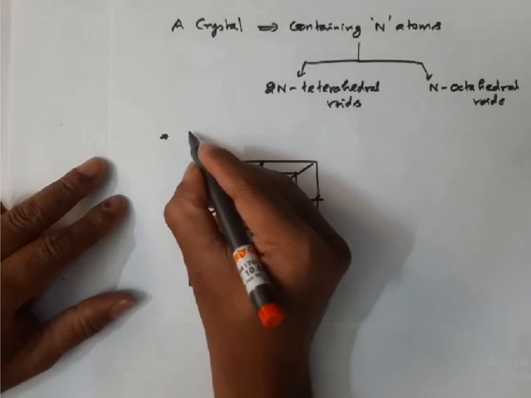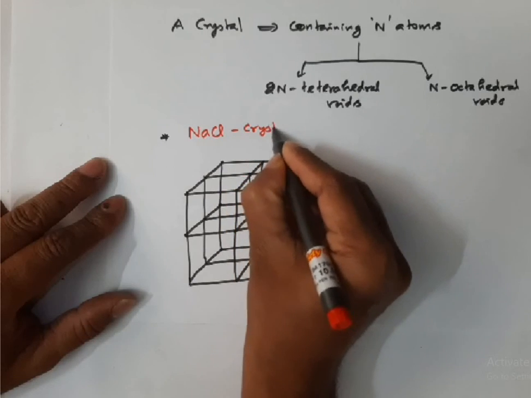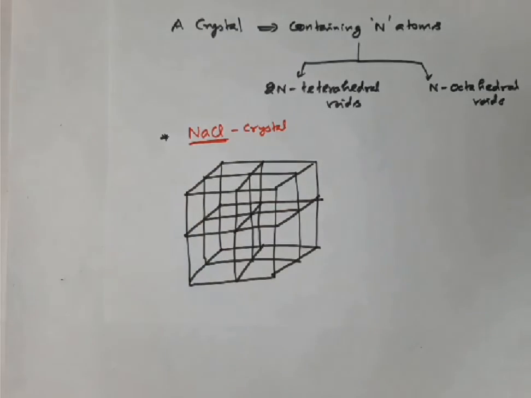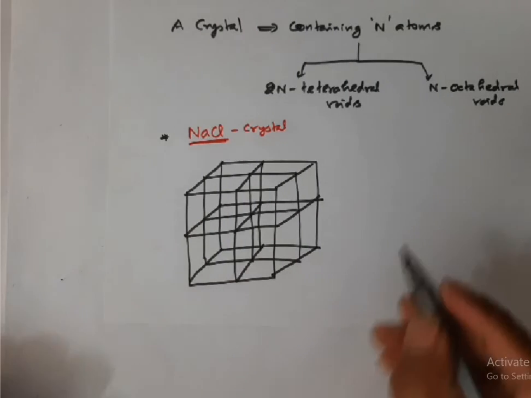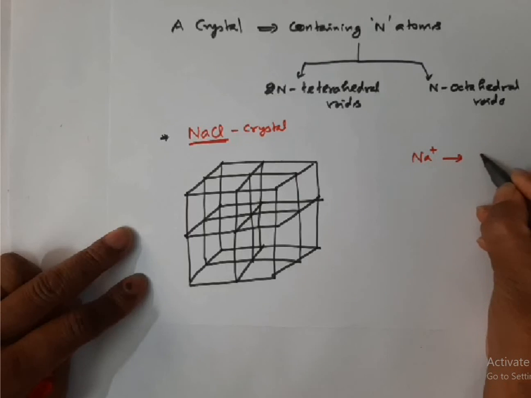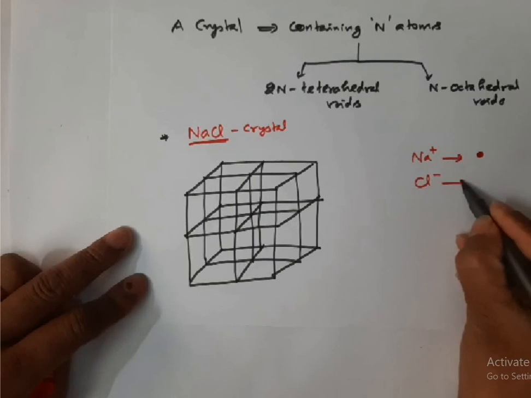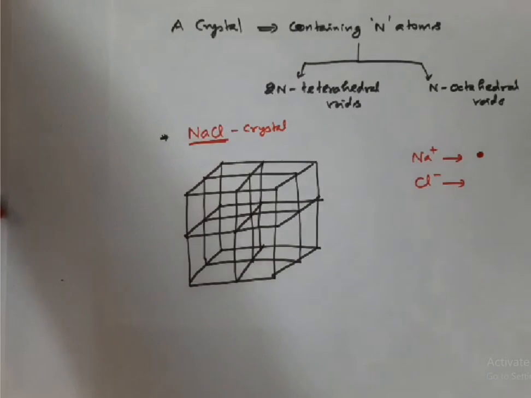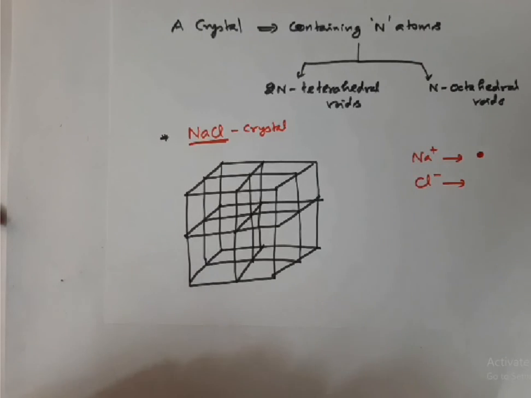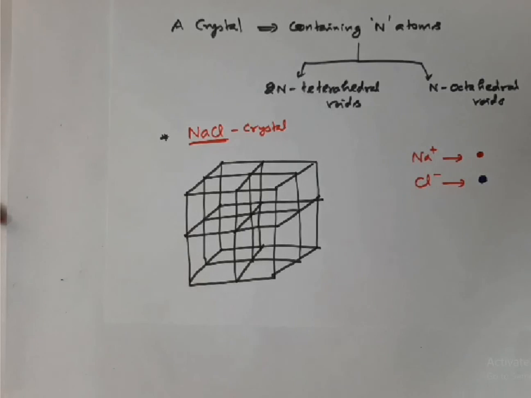Just for understanding purposes, I will take the sodium chloride crystal. I'll represent sodium ions with red circles and chloride ions with blue circles. So blue indicates chloride ion and red indicates sodium ion.